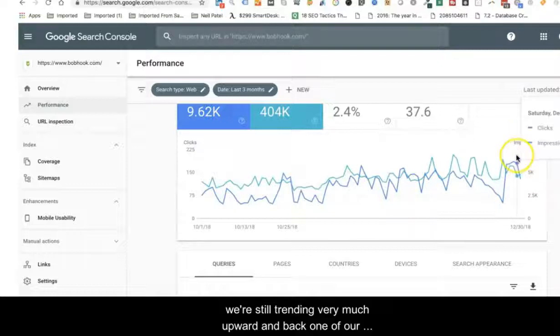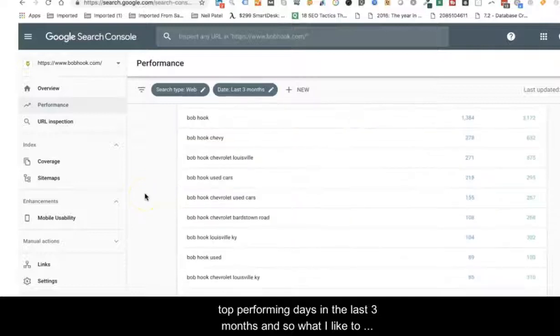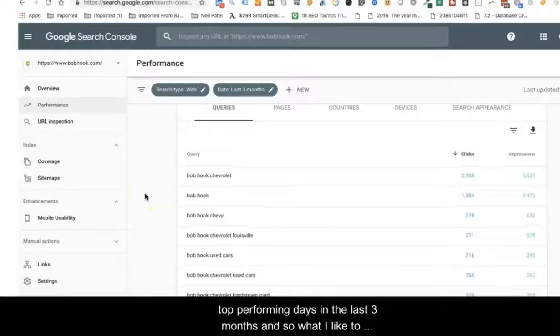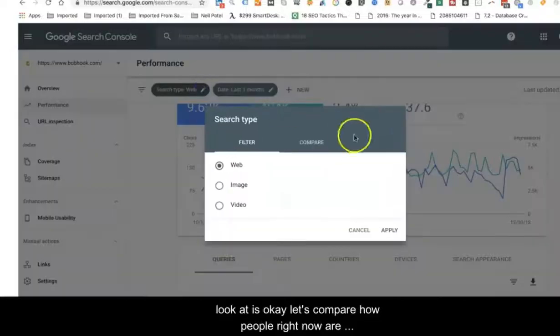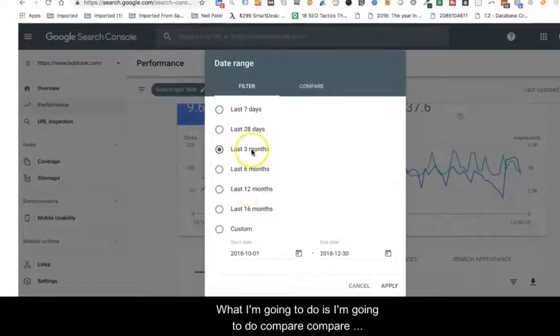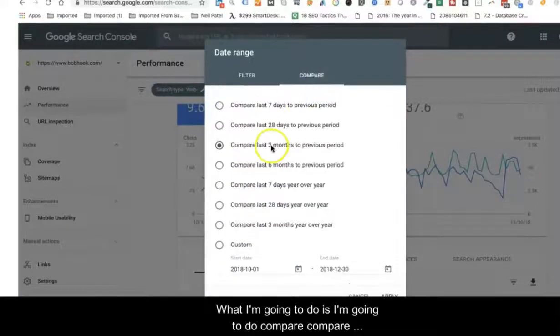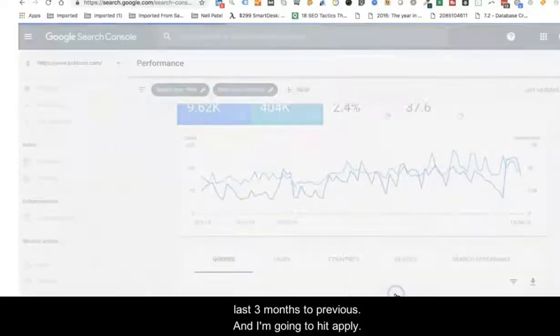In fact, one of our top performing days in the last 3 months. And so what I like to look at is, okay, let's compare how people right now are getting to the site. So I'm going to compare last 3 months to previous period, and I'm going to hit apply.